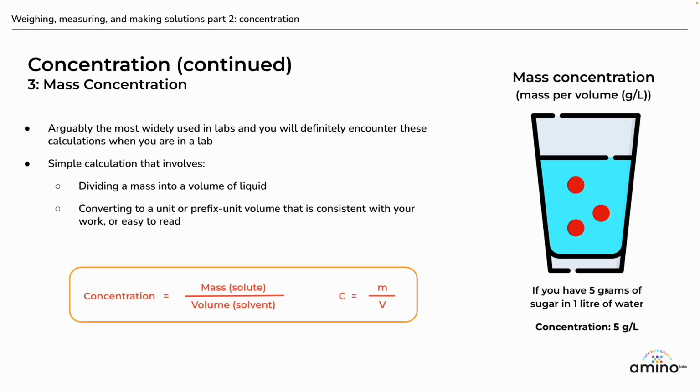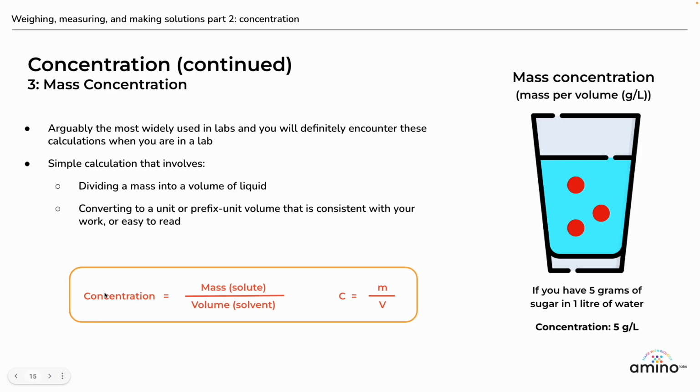So again, very widely used in labs, used on a daily basis, and it's a very simple calculation, right? So it involves dividing a mass into a volume of liquid, and then generally converting that value into a prefix unit volume that's more easy to work with and easier to read and understand. And we'll do some examples so you see what I'm talking about.